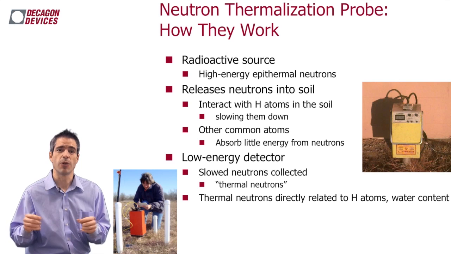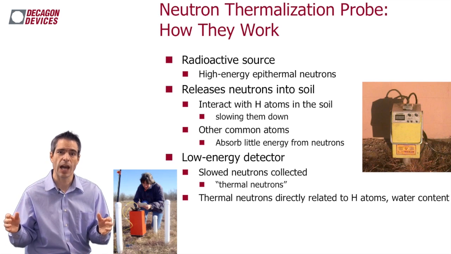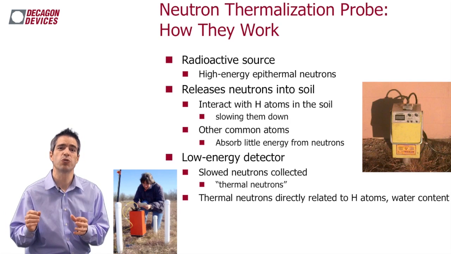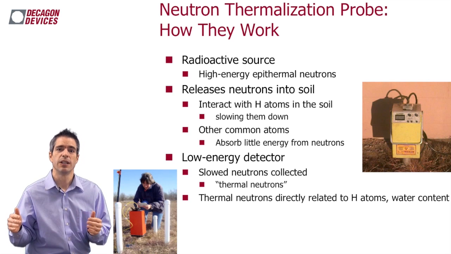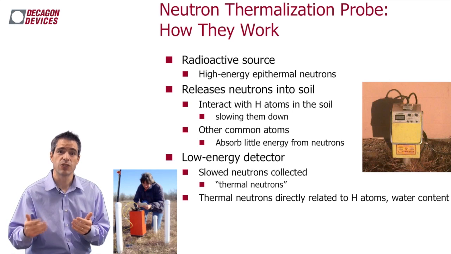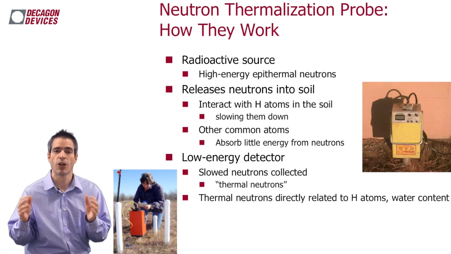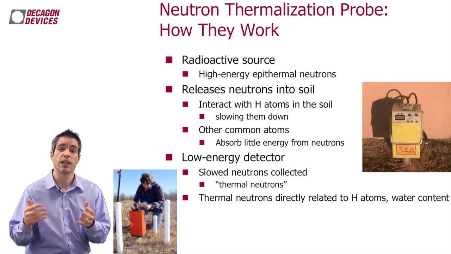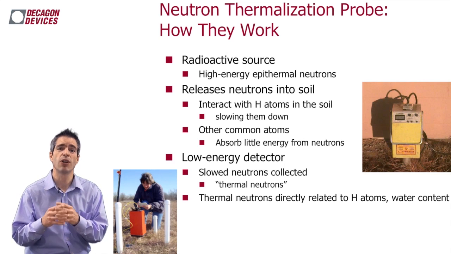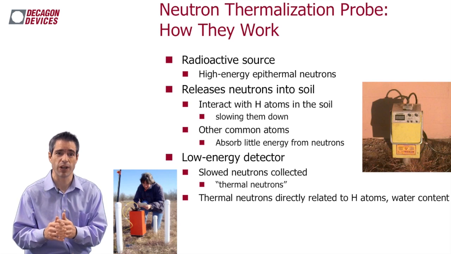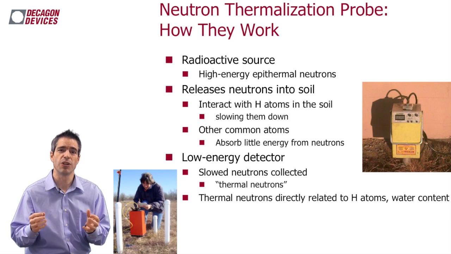they move. Some of the neutrons that are emitted will interact with hydrogen atoms, and when that happens, those neutrons are then slowed. And the fact that they are slowed in this interaction can be useful to us, because with a detector, some of those neutrons, now called thermal neutrons, when they interact with the hydrogen atoms, can be detected, and the amount of thermal or thermalized neutrons then can be related to the amount of hydrogen atoms in the soil.